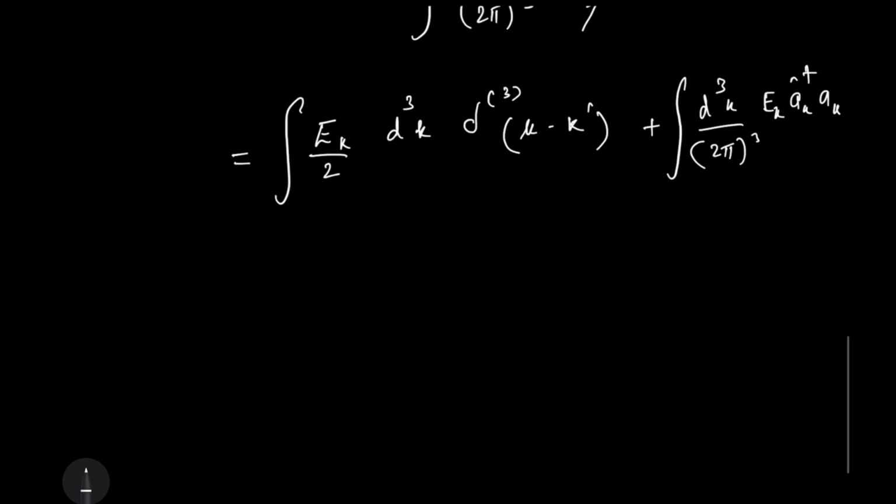Now the first term will survive only if k is equal to k prime, which means when k is equal to k prime, this will be δ³ of 0, right?